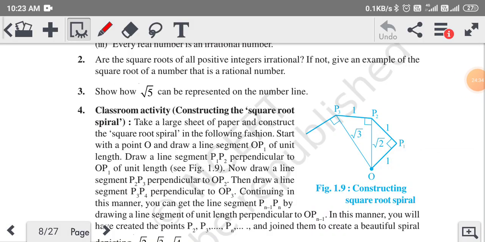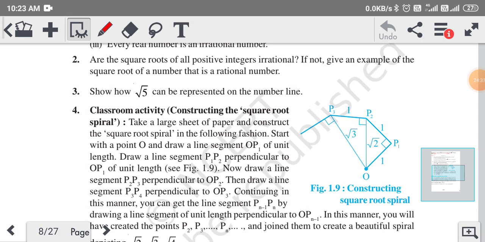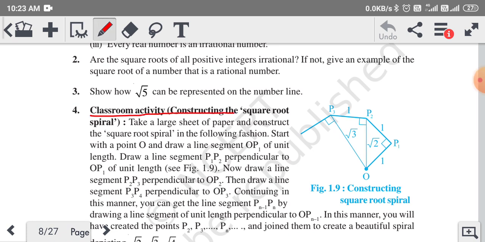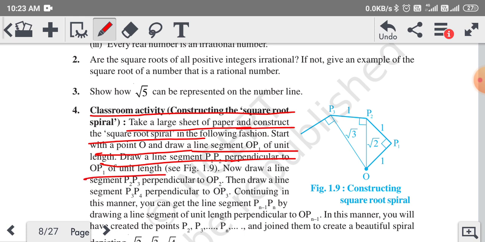Fourth classroom activity: constructing the square root spiral. Take a large sheet of paper and construct the square root spiral in the following fashion. Start with the point O and draw a line segment OP1 of unit length. Draw a line segment P1P2 perpendicular to OP1 of unit length. Now draw a line segment P2P3 perpendicular to OP2, then draw a line segment P3P4 perpendicular to OP3.